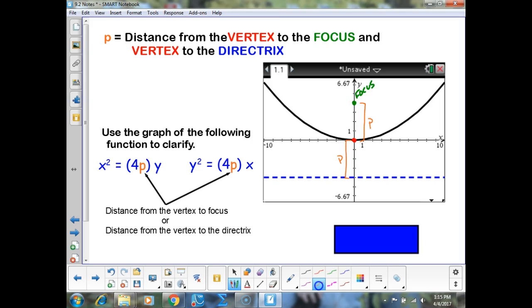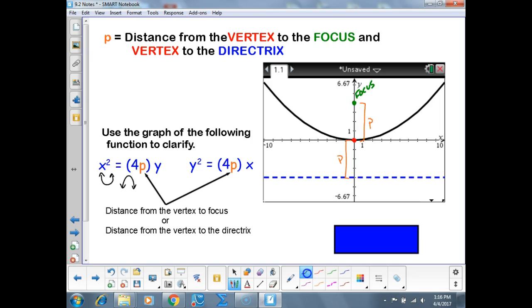So, looking at this particular function, one of the first things that you're going to determine, and it's actually going to be the first step that you're going to do with all of the graphs and all of the findings of the equations, is you're going to determine which way it opens. So since this parabola opens up, that's an x squared parabola. Okay? X squared parabolas open up or they open down.